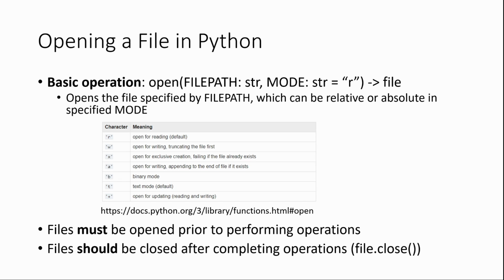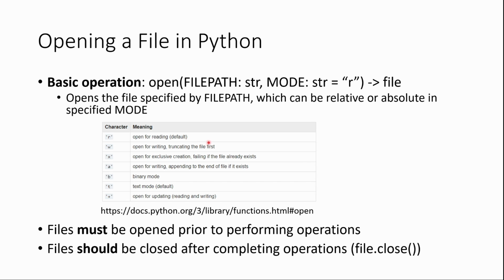The open function is one of the few built-in functions of Python. Its general syntax is open, with the two inputs that are normally supplied, the file path and the mode, which defaults to r. The table shown here gives you a sense of what these various modes do. r, for example, opens the file for reading only. w opens it for writing, but if the file exists, it will truncate it, meaning that it'll start from scratch.